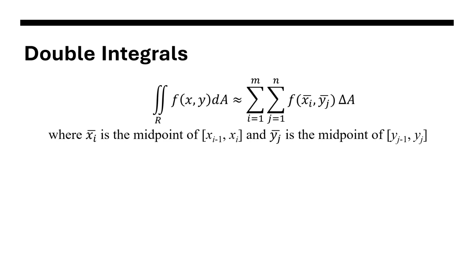So this is the midpoint rule of the double integral: the double integral of f(x,y) dA is approximately equal to the summation from 1 to m of the summation from 1 to n of f of the midpoint (x bar, y bar) times delta A, where x sub i bar is the midpoint of the interval x sub i minus 1, x sub i, and y sub j bar is the midpoint of the closed interval y sub j minus 1, y sub j.